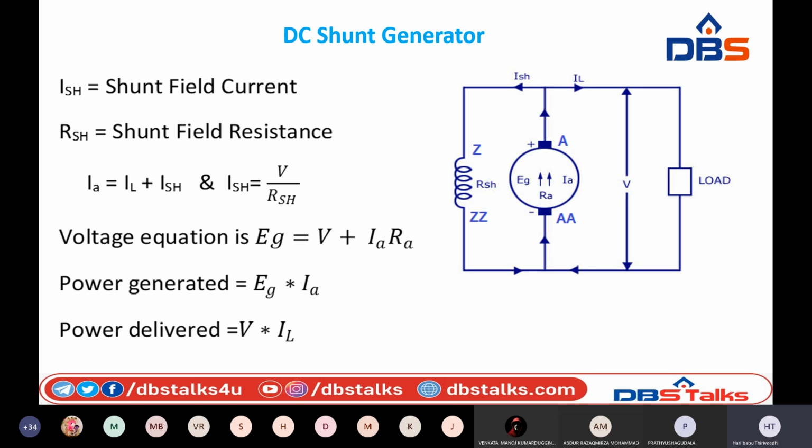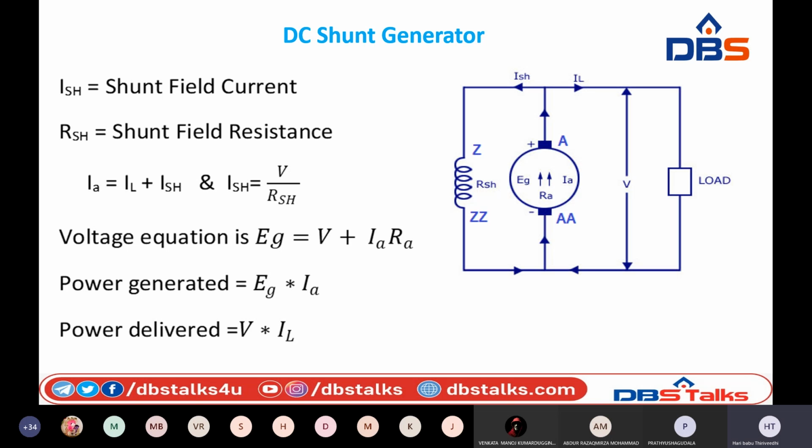Now write the voltage equation as usual. EG is equal to IARA plus V. Some members may be confused: ISH is also there, sir. How can you write it? ISH is included in IA, right? IA is ISH plus IL.